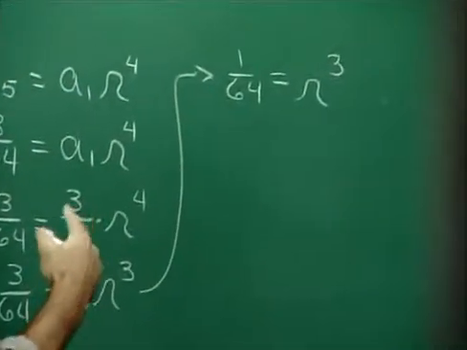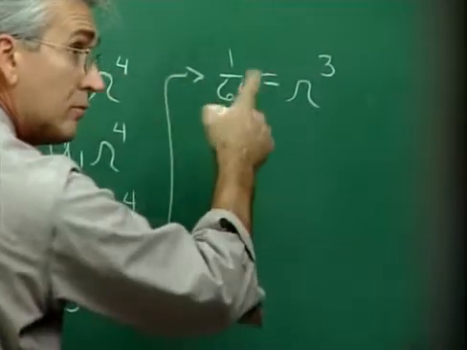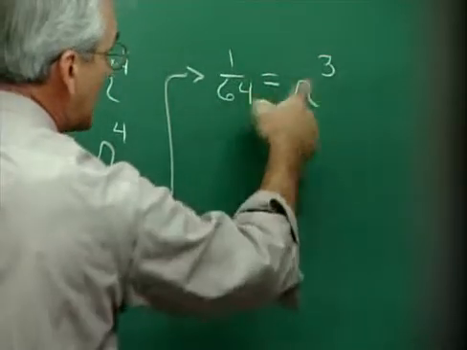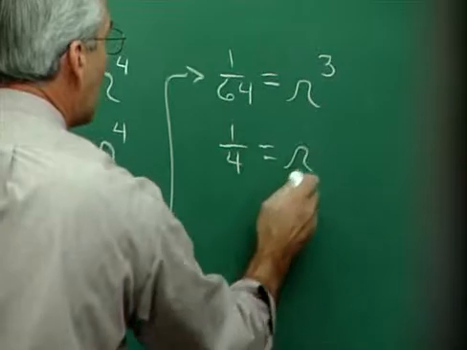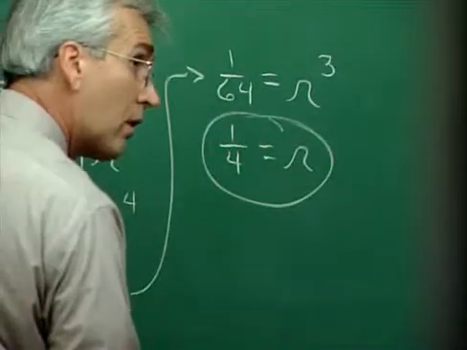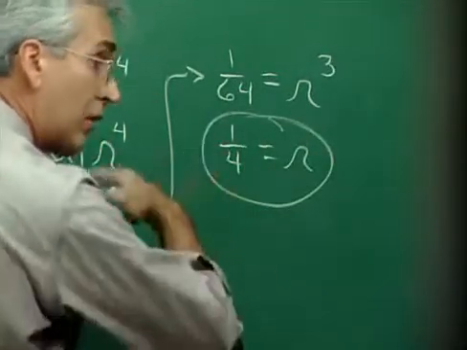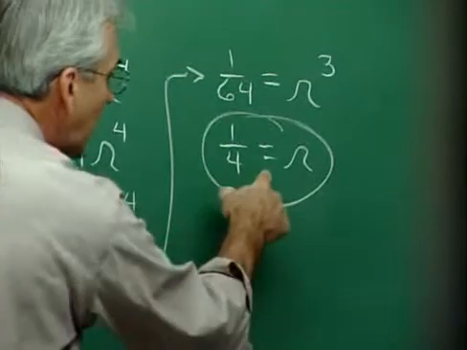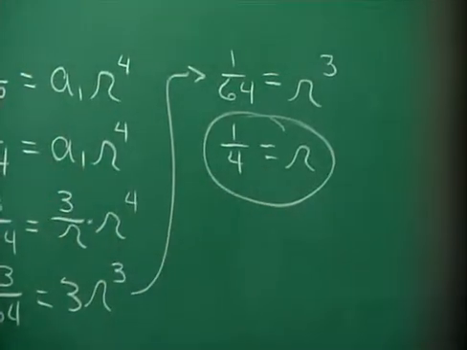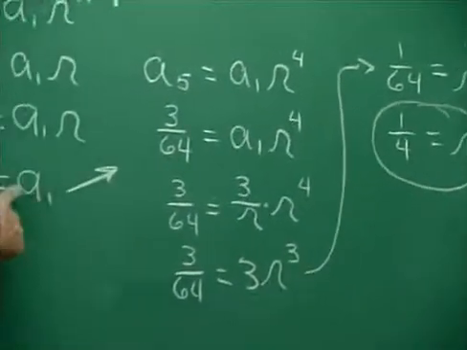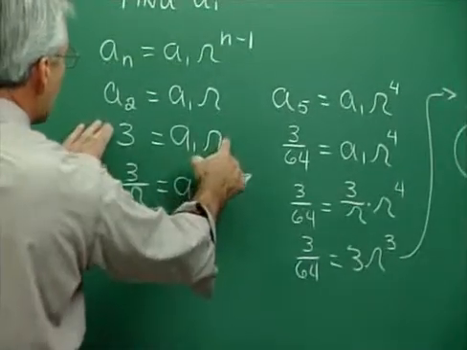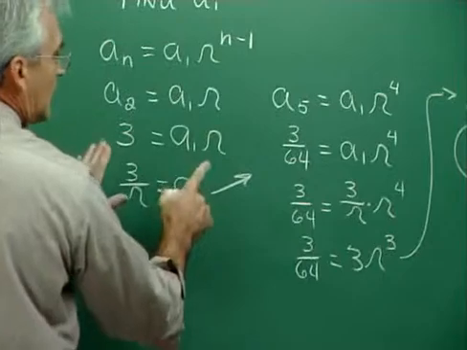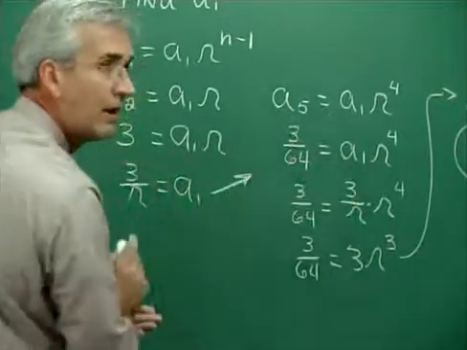Now, using this multiple root property, I can take the cube root on both sides. I find 1/4 to be equal to r. Well, if r is 1/4, then I can find the other variable, the a sub 1, by using this information back over here. We know that a sub 1 is 3 over r. I could use the information here, or here, or over here if I wanted to.